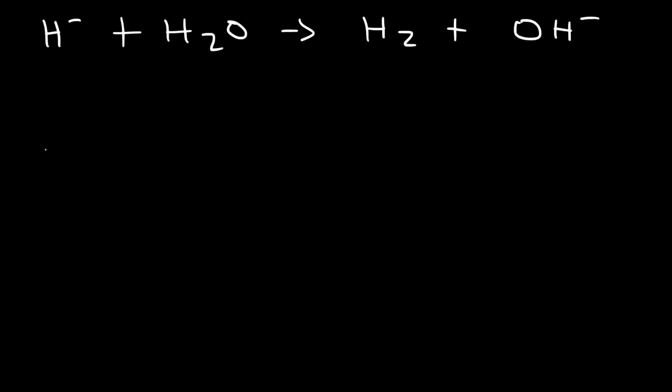Now let's consider this reaction where we said hydride plus water produces hydrogen gas and a hydroxide ion. So hydride is basically a hydrogen atom with a lone pair. So it's an ion in this case, and it's going to react with water.